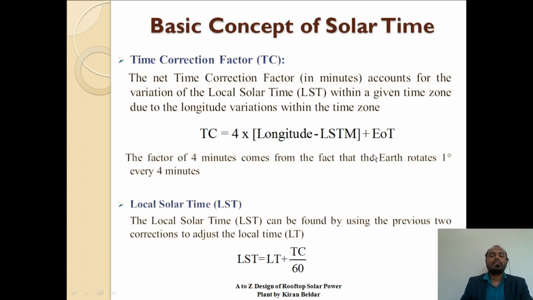Here we are considering the LSTM factor and the EOT factor, out of which we calculate the time correction factor. We divide this factor by 60. So ultimately we directly get the local solar time at the particular site. It is a very important formula to calculate the local solar time at a particular site where we want to install a solar power plant.